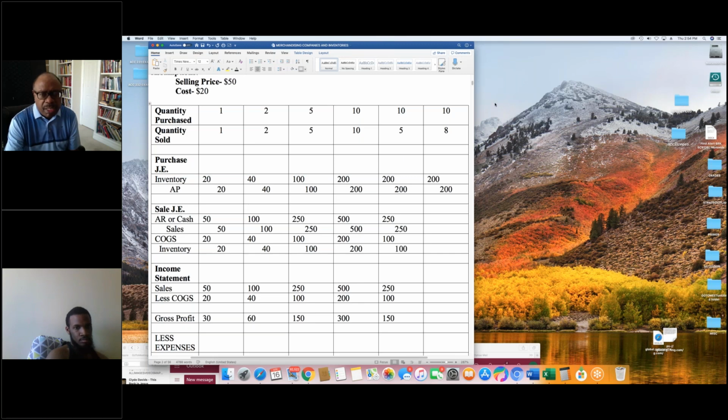Then you sold 8 pairs of shoes. So you aren't selling the shoes at 20, hopefully. You sell them at 50. So you're going to get 8 times 50, $400. So you're buying the shoes at one price and selling them at a higher price, hopefully, so you can make some money.